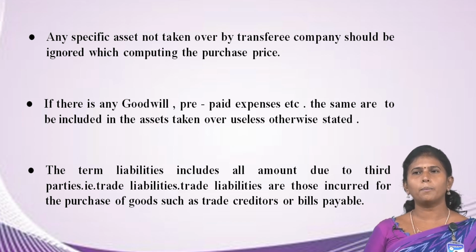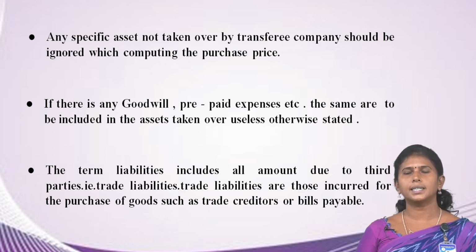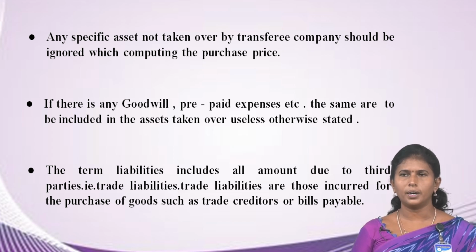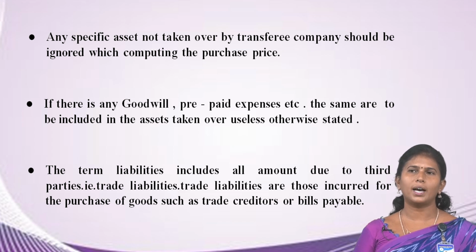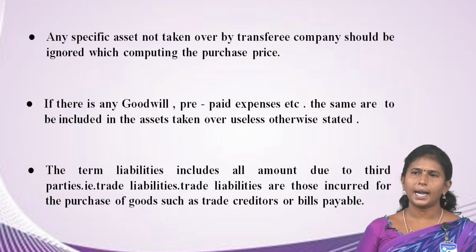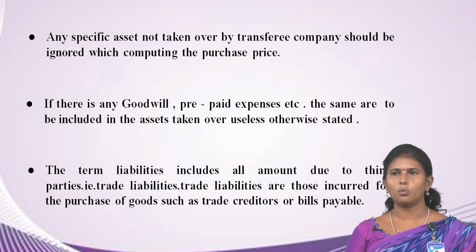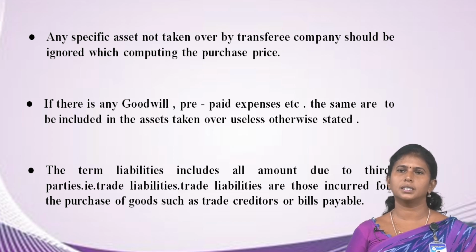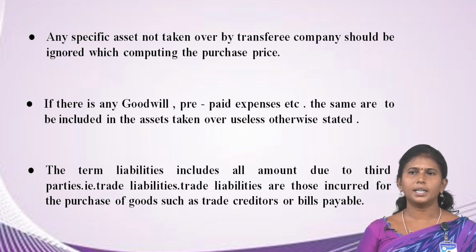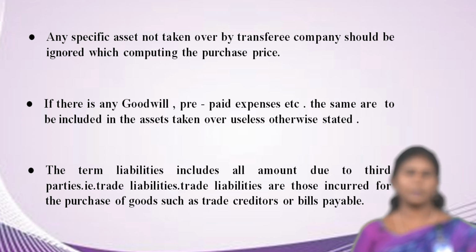So the formula for the net asset method is agreed value of assets taken over minus agreed value of liabilities taken over. Having seen the items to be considered for assets, let us now see the items to be considered while taking into account liabilities.